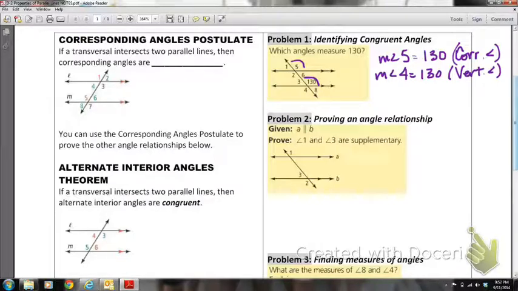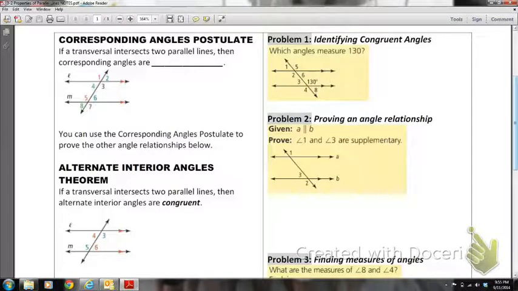And finally, the measure of angle 2 is going to be 130 because it is an alternate interior angle to the 130. It's also vertical to angle 5, so that's another relationship to know that that is also a 130 degree angle.